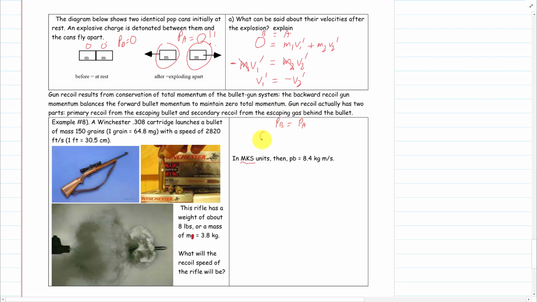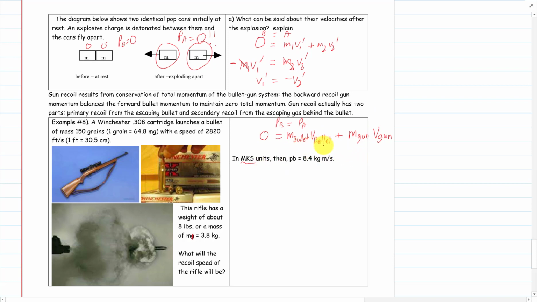The momentum before is 0, so 0 is equal to the mass of the bullet times the velocity of the bullet plus the mass of the gun times the velocity of the gun. Yeah, that's not too hard now. It looks kind of simple. We just have to do some conversions.